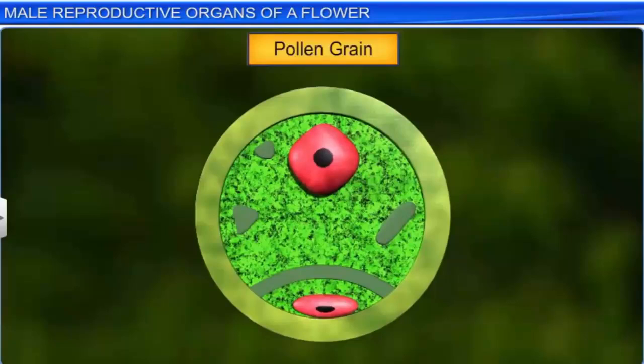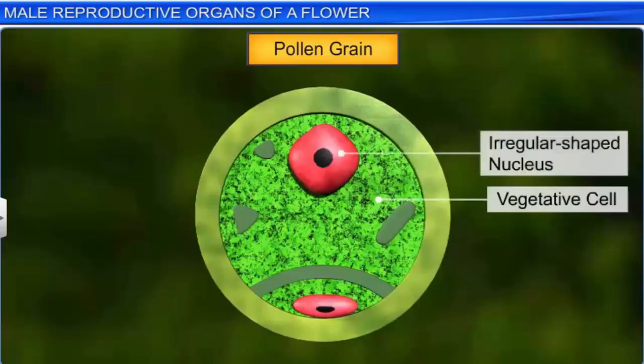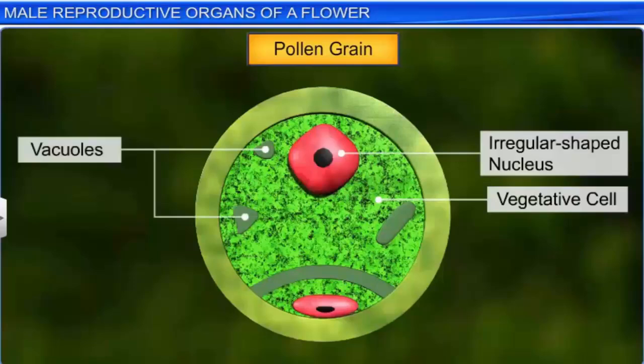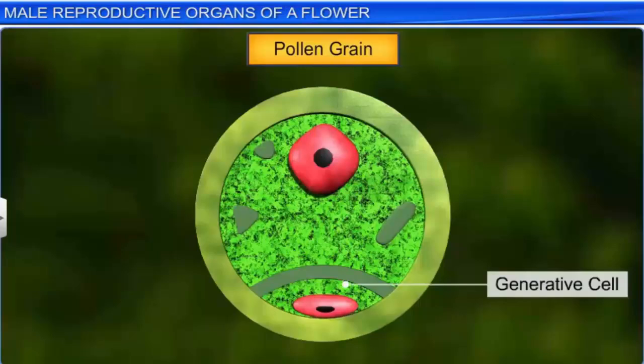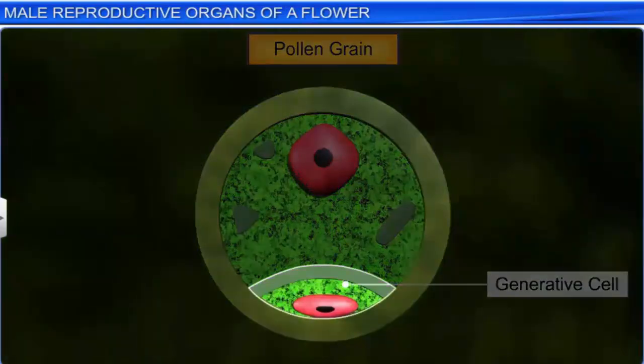The larger cell, known as the vegetative cell, is characterized by a large, irregular-shaped nucleus, vacuoles, and abundant food reserves. While the smaller cell, known as the generative cell, is distinctly spindle-shaped and possesses dense cytoplasm.